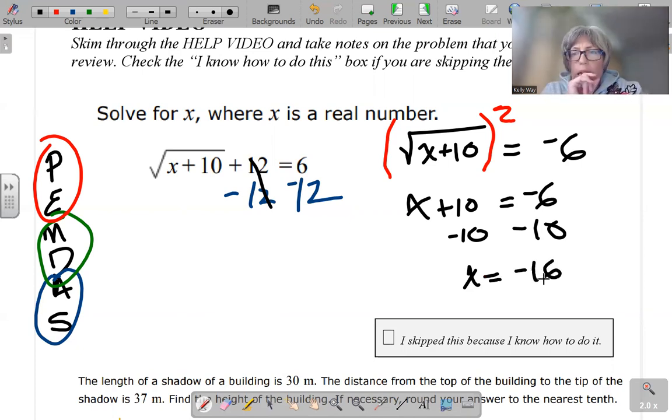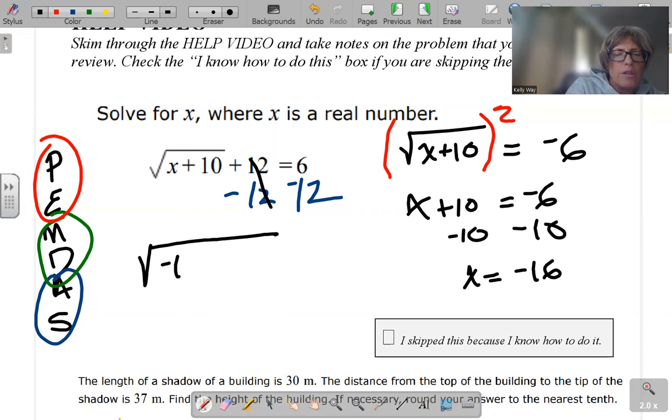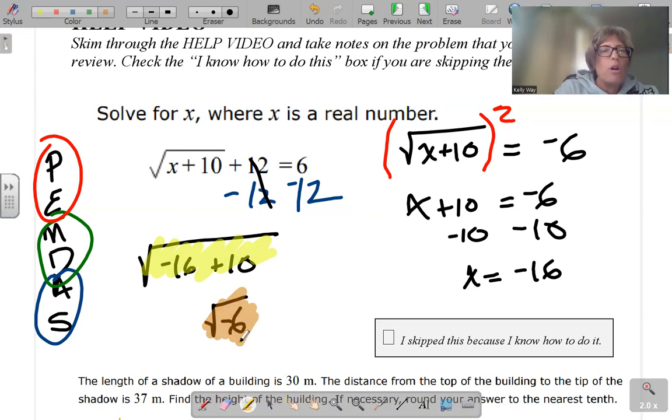Now, the problem with this is if we put here -16 plus 10 underneath that radical sign, we end up with root -6. You cannot square root a negative number without going into something called imaginary numbers.